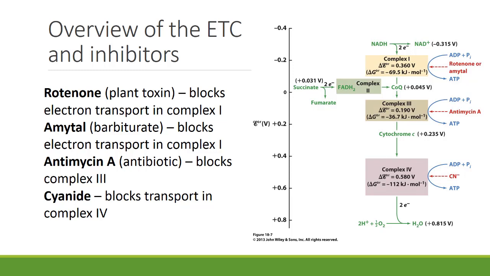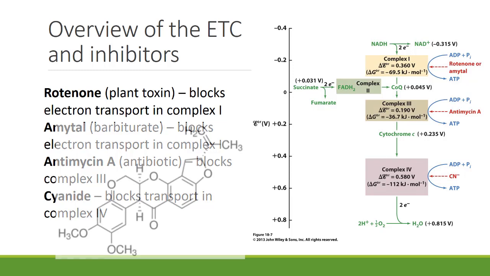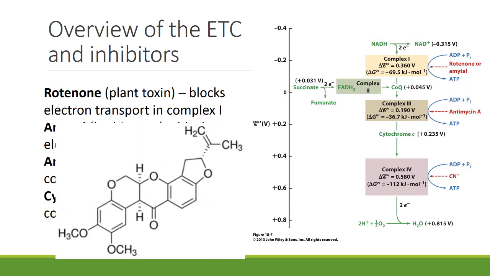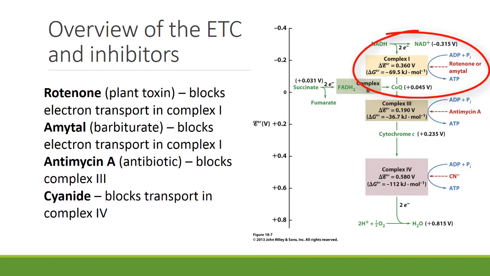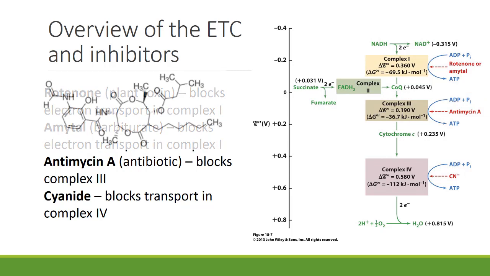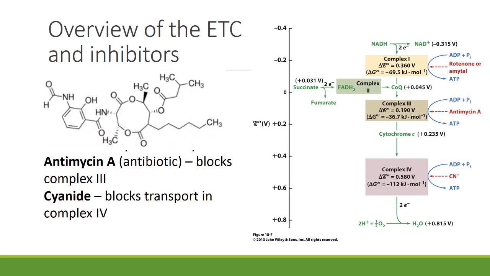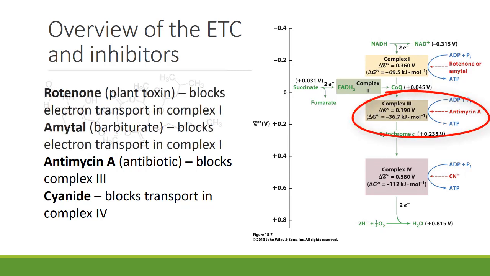However, there are molecules that can act as ETC inhibitors, and these molecules are often called toxins, as inhibiting the ETC can often result in tissue damage and death. Rotenone is a naturally occurring pesticide found in plant stems and leaves and is known to inhibit complex 1 of the ETC. Antimycin A is produced by the bacteria Streptomyces and inhibits complex 3.